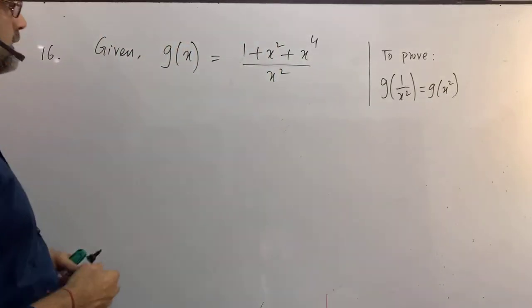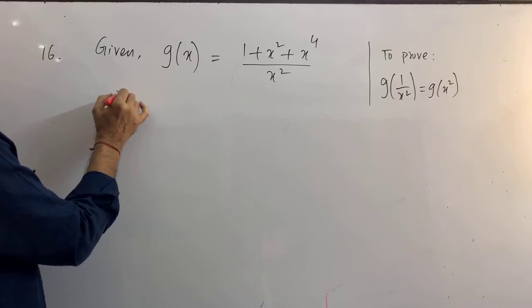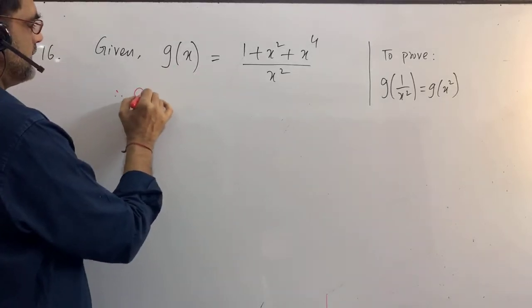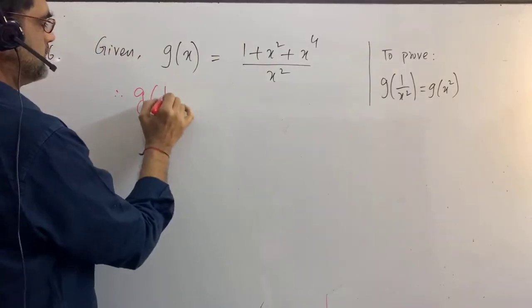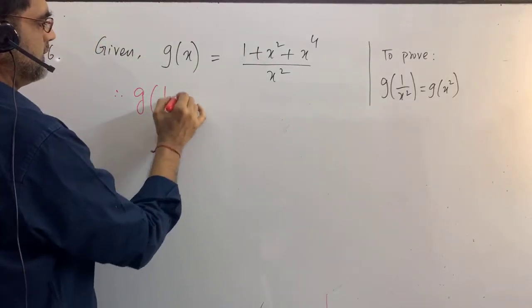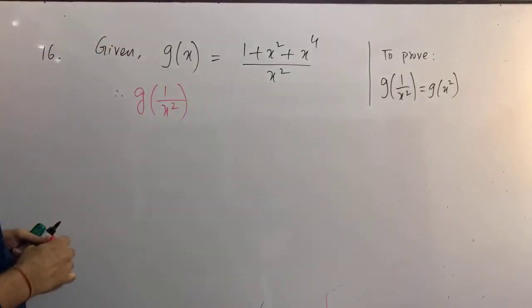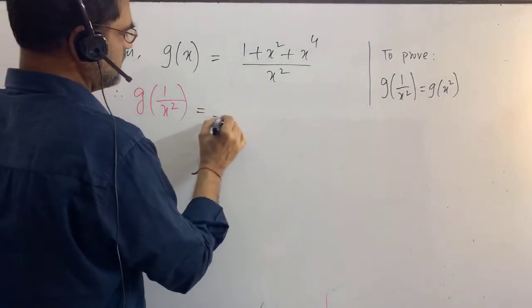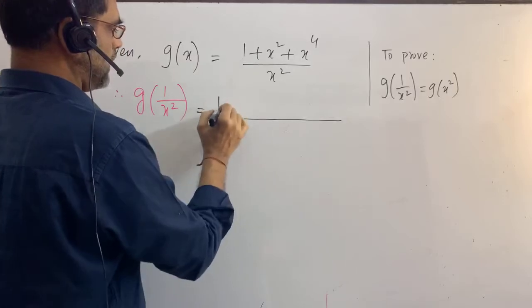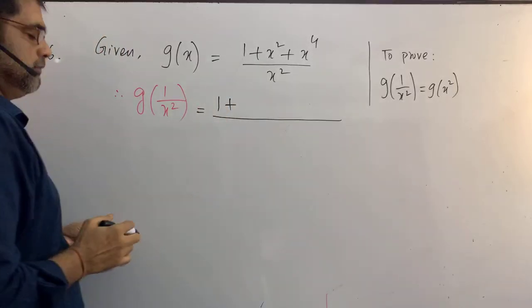Okay, you write down, therefore g of 1 by x square. That's good. Now what will you do? What I told you?